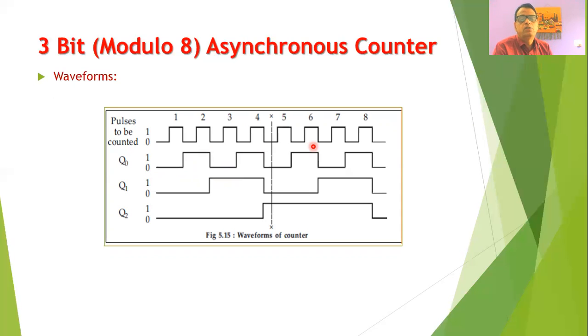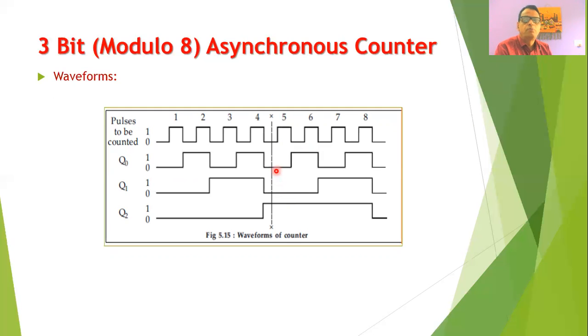Now, the advantage of drawing these waveforms is that we can check the output of the circuit at any instant of time. For example, when I want to check the output of the counter after 4 clock pulses, one can easily see that the output of the counter is 0, 1, 0, 0.